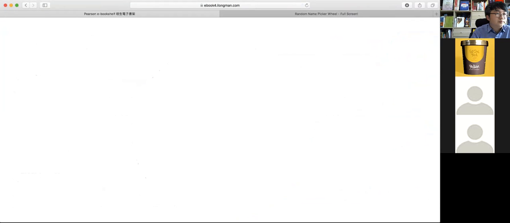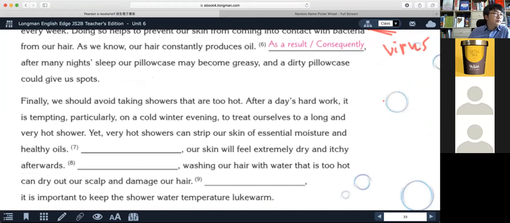Okay. Finally, we should avoid taking showers that are too hot. After a day's hard work, it is tempting, particularly on a cold weather evening, to treat ourselves to a long and very hot shower.